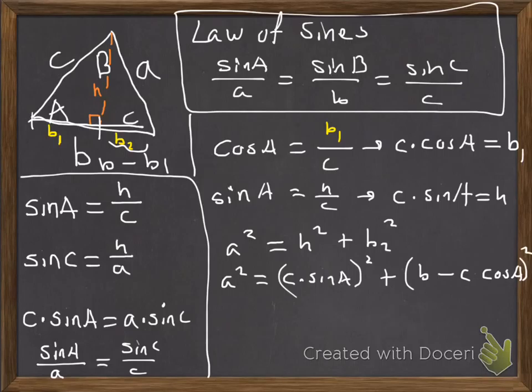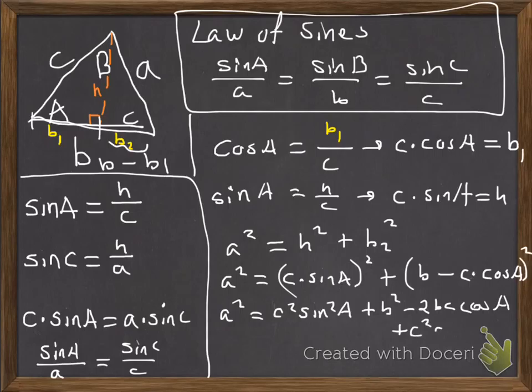Now we're going to FOIL that out, and we have A squared equals C squared sine squared A plus B squared minus 2BC cosine of A plus C squared cosine squared A.